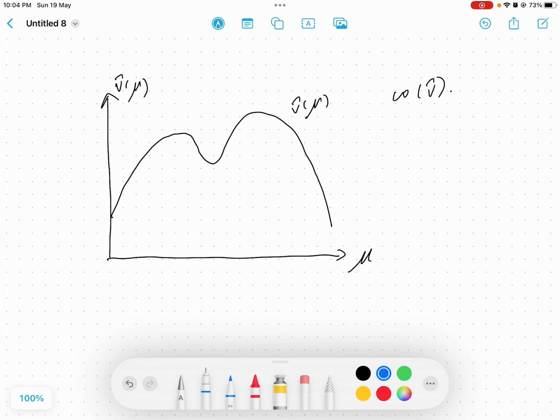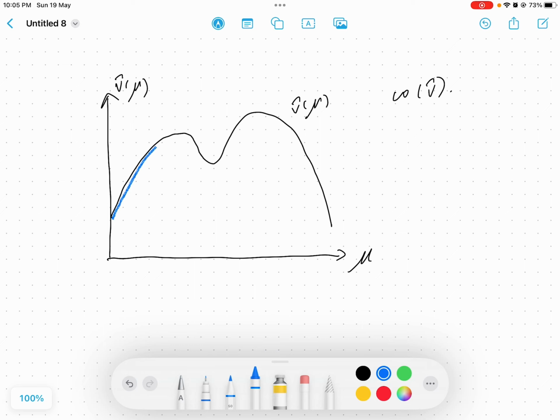All right, let's use another color. So it should be the area under this line, right?